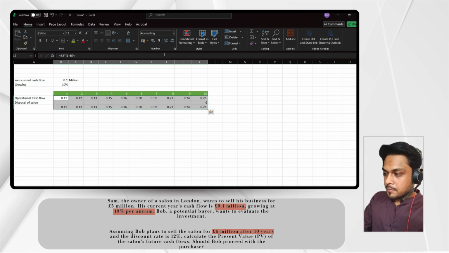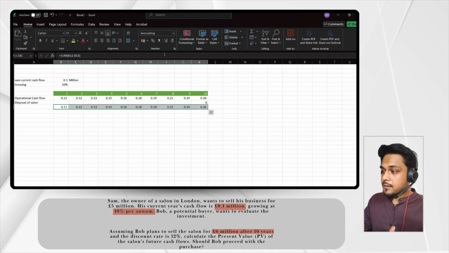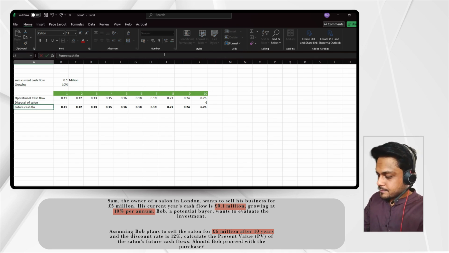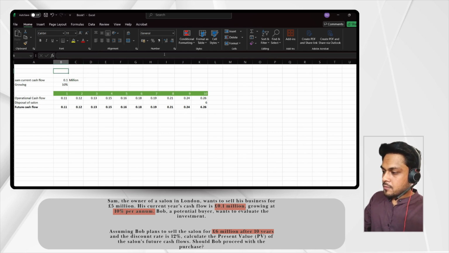Now we will sum operational cash flow and disposal of asset. So we will get the total value of cash flow, meaning future cash flow. Okay, that's done.